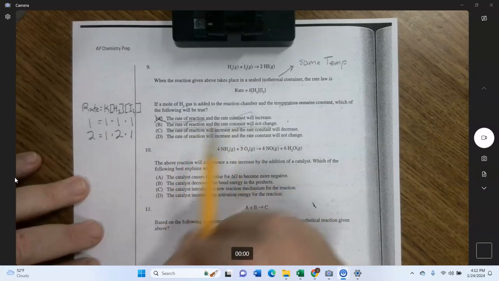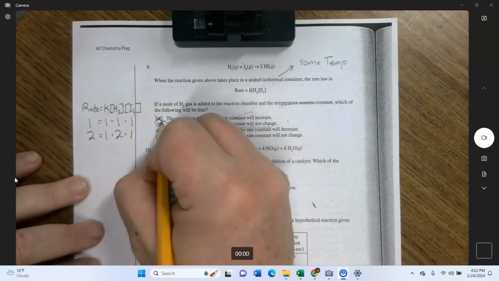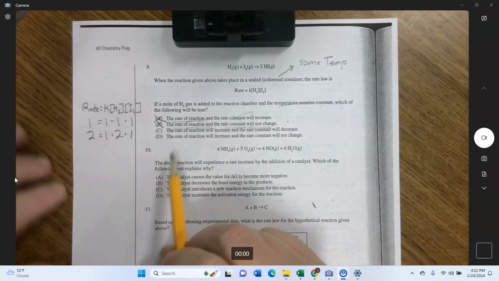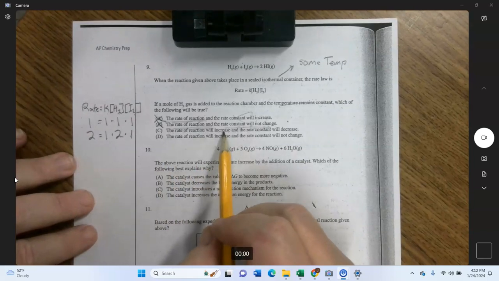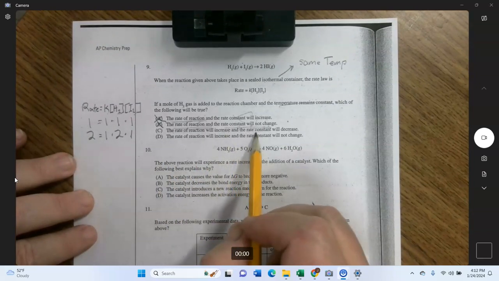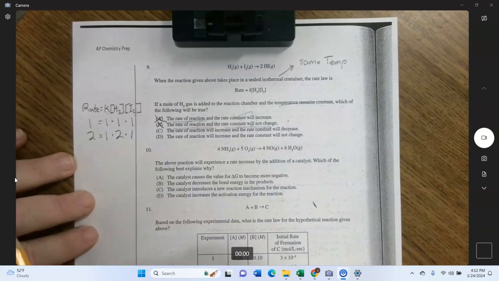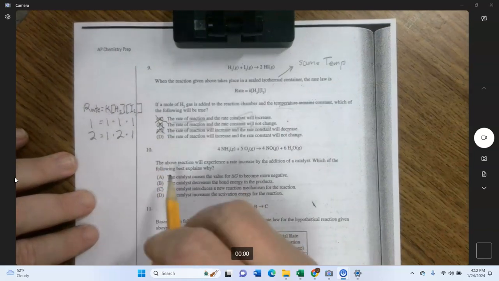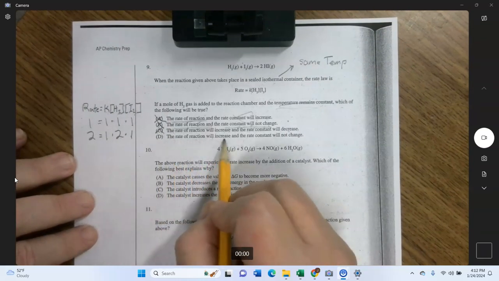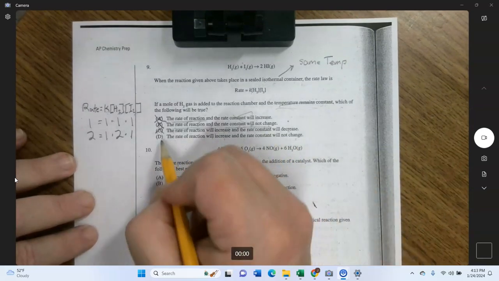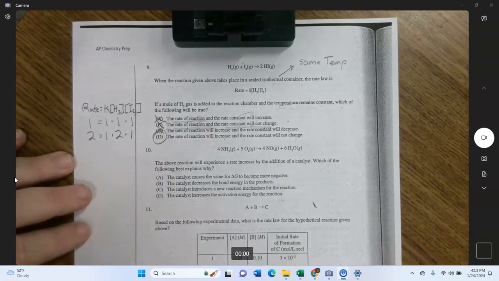It's saying both of those will not change. That's not true, because the rate doubled. The rate of the reaction will increase, that's true, and the rate constant will decrease. Again, false. Nothing happens to the rate constant as long as you keep the temperature the same. So D, the rate of the reaction will increase, that's true, and the rate constant will not change, that's true. So the answer to that one is D.